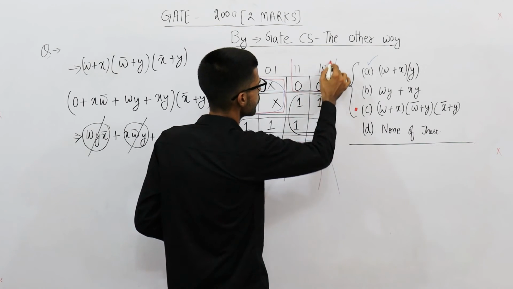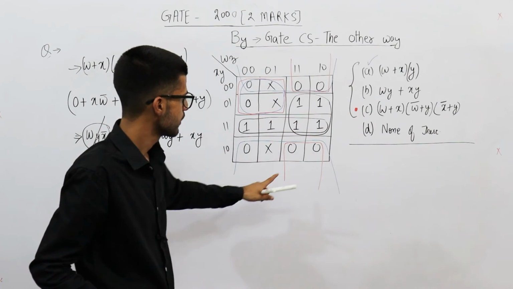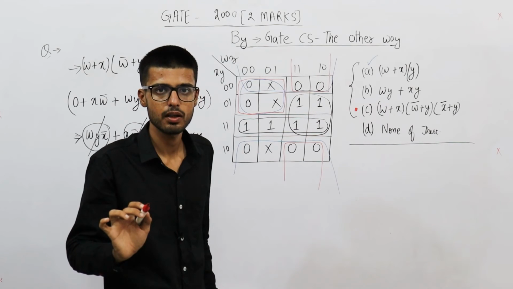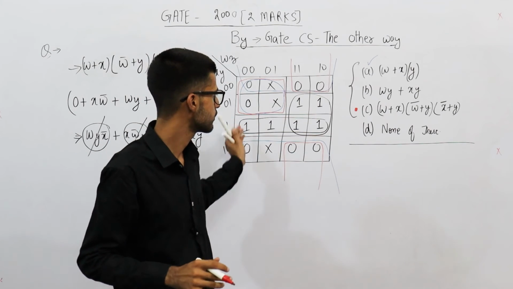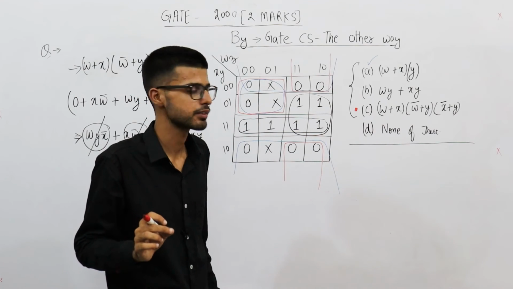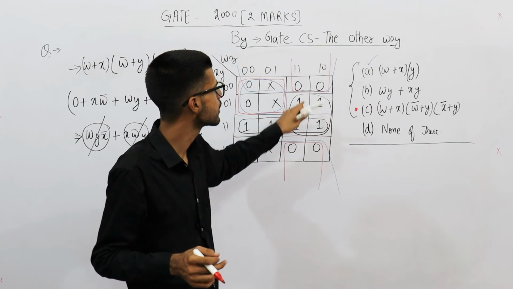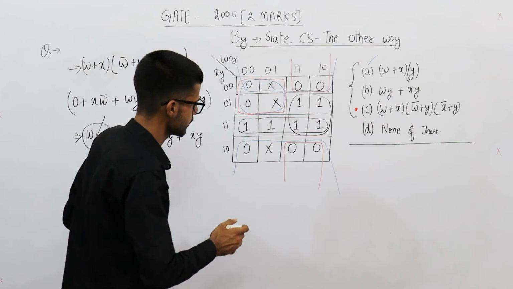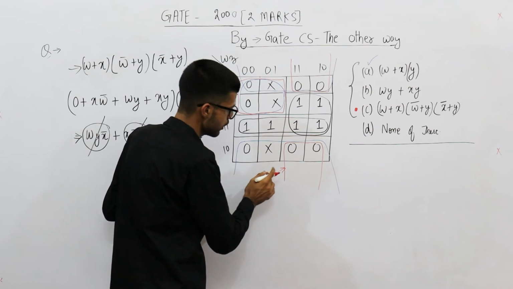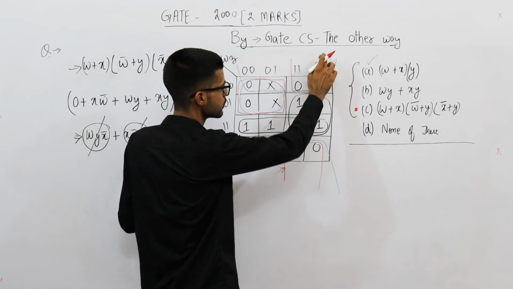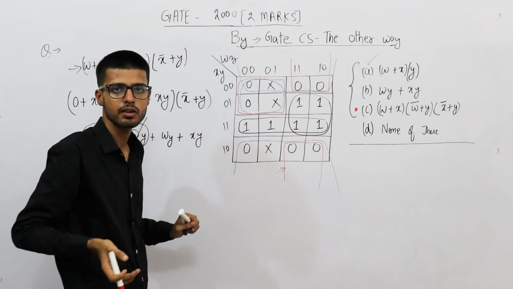Now you can see this group is actually not allowed. While trying to find out the minimal expression, you won't consider this group because it is a part of a bigger group. Okay, this red prime implicant will be a part of this bigger group, so we'll not consider it.